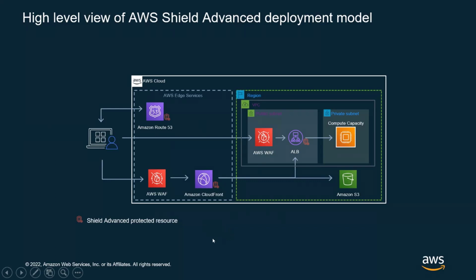So I'm saying this because you have a lot of flexibility for where you put Shield Advanced. All of the steps that we just went through, you can do and just tie it into whether it's CloudFront at the edge, or your load balancer within your VPC closer to your resource. So you have a lot of flexibility in setting up edge protection with AWS.